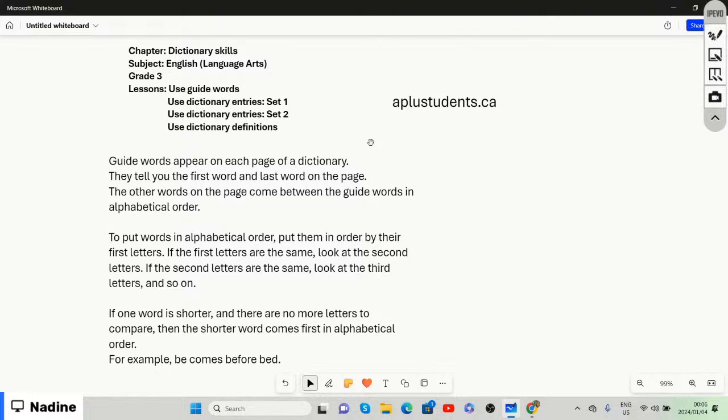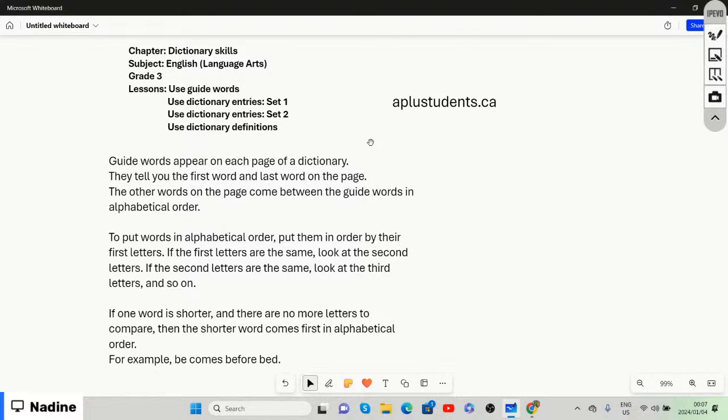So if you're looking up a specific word, then when you go to a specific page in the dictionary, you will find the first word on the page that you're looking at, and you'll also find the last word. So that is guide words. Guide words appear on each page of a dictionary. They tell you the first word as well as the last word of that page.